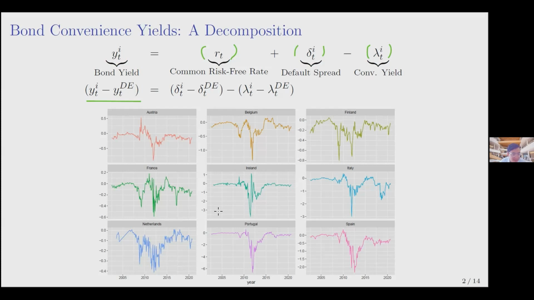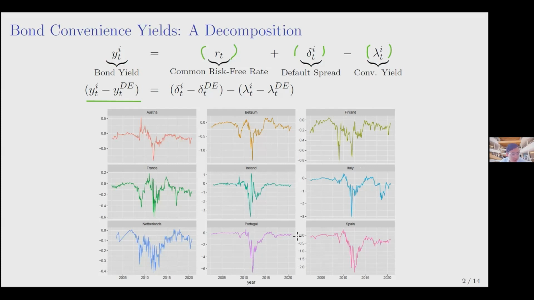Immediately, we can see that for countries like Portugal, Spain, and Italy, the convenience yield differential with respect to Germany is pretty big, and it is particularly widened during the sovereign debt crisis. For example, if I look at Portugal, the convenience yield differential could be as large as 6% per annum.